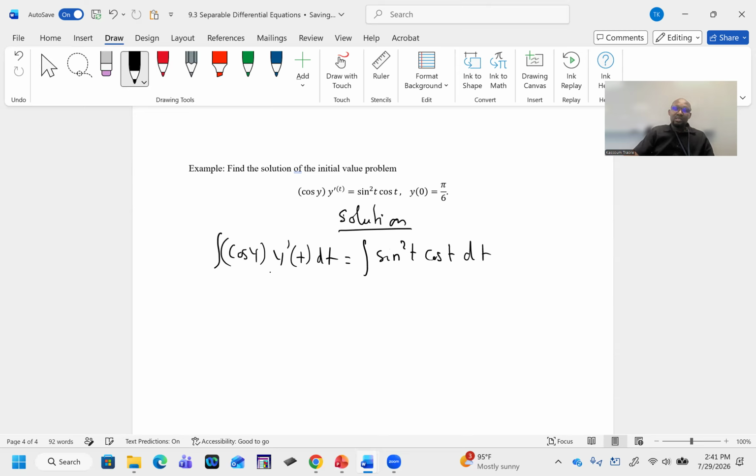So which is the integral of cosine of y dy should be equal to the integral of sine square t cosine of t dt. So we integrate both sides.